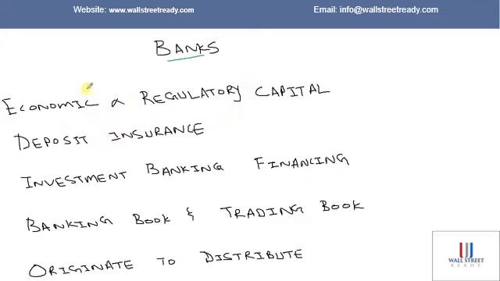So in this section, you have the economic and regulatory capital, which doesn't go into that much detail in the FRM Part 1 syllabus, but it has a particular overview that is important to understand. And also you might have a question in the exams relating to economic and regulatory capital.